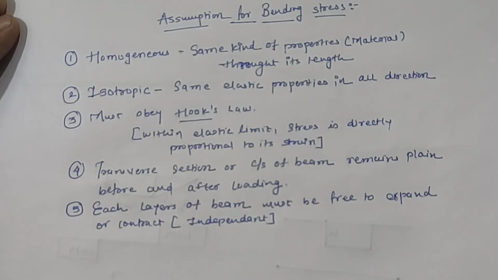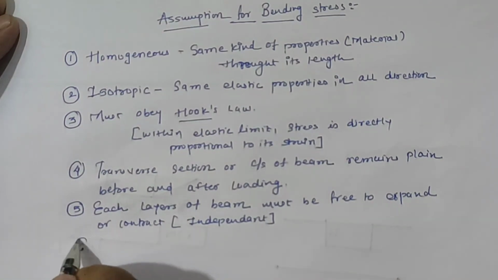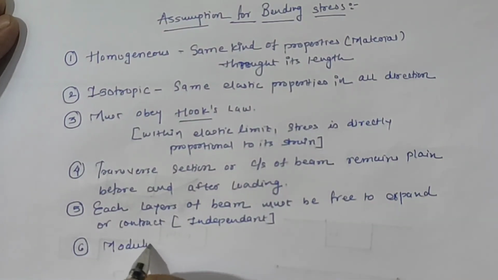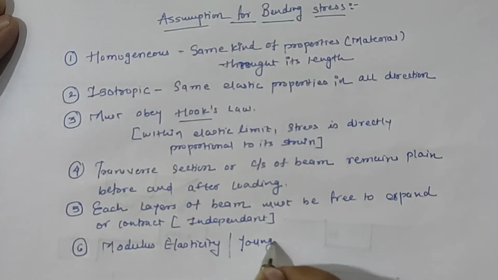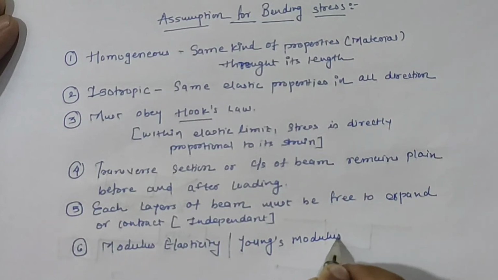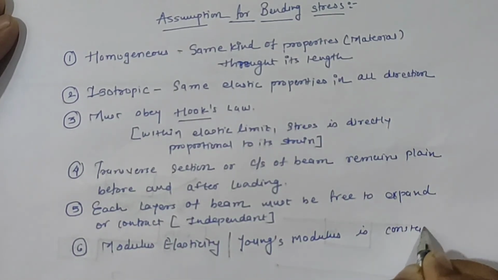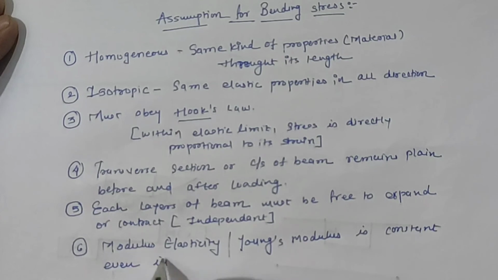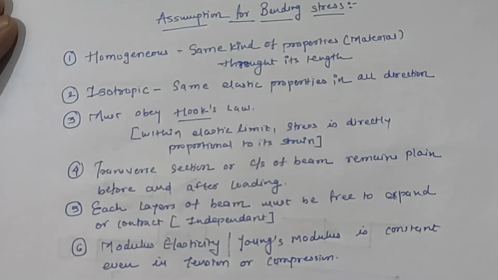The next assumption is that the modulus of elasticity of the given section, or Young's modulus, is constant in tension or compression, before and after loading. So these 6 points are the assumptions used for the derivation of bending stress or pure bending theory.